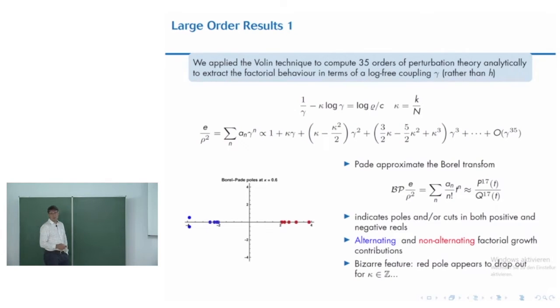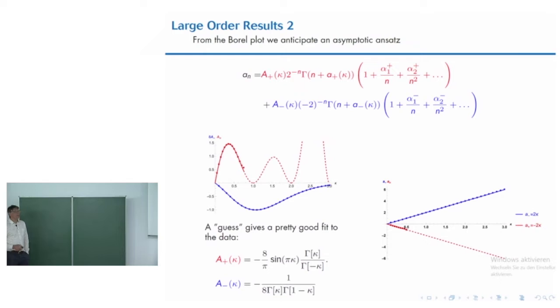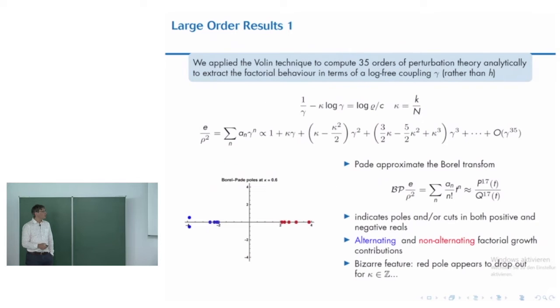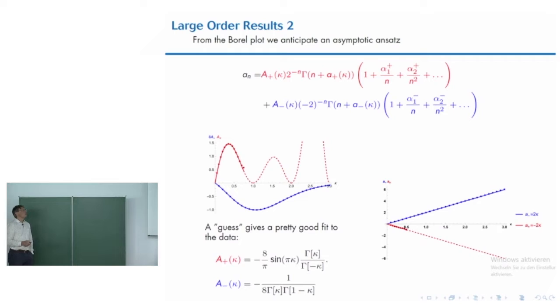Is it the symmetry lambda goes to 1 over lambda or something like that? It might be. I'm not sure. It's a good question how that Z2, kappa goes to minus kappa, is reflected. So it probably is that this pole here and this pole here are at the same place. Thanks, Ben.